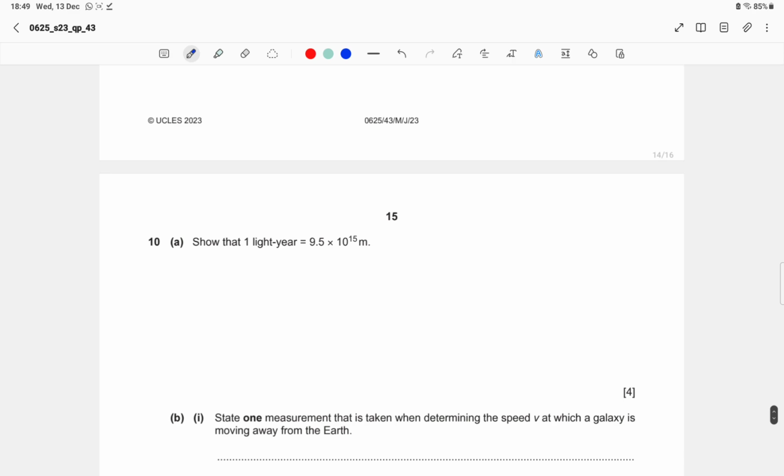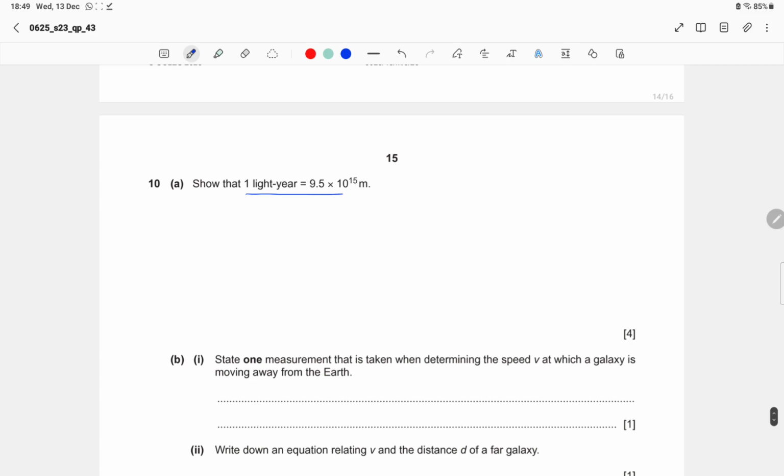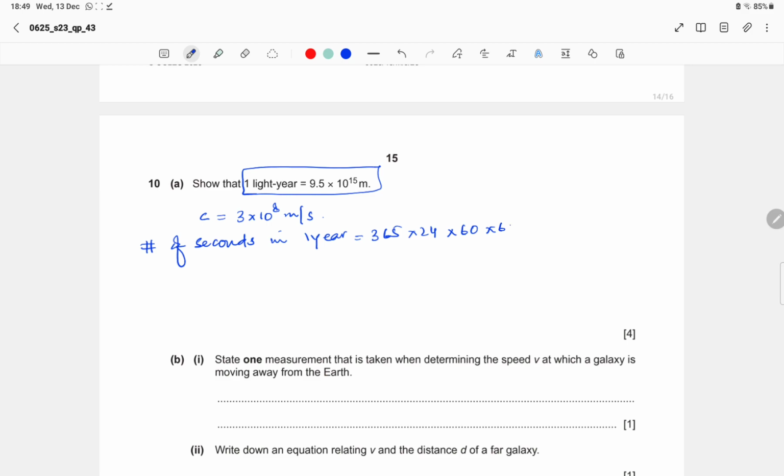Show that 1 light year is equal to 9.5 into 10 to the power 15 meters. So this is the thing. Basically you have to remember this when converting distance into light years. We know that the speed of light is 3 into 10 to the power 8 meters per second. The number of seconds in 1 year is 365 days times 24 times 60 times 60, which is 31536000 seconds.